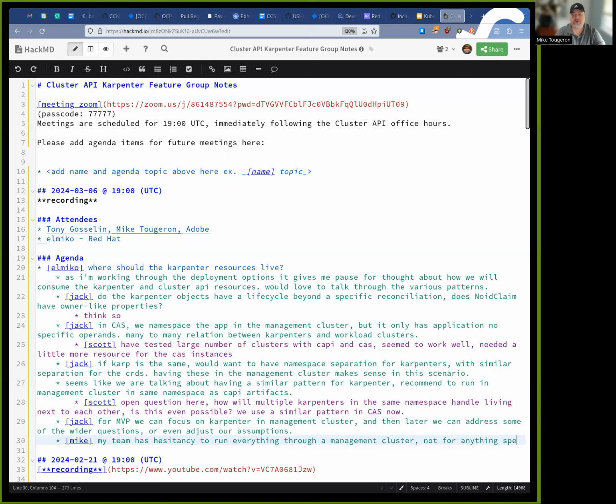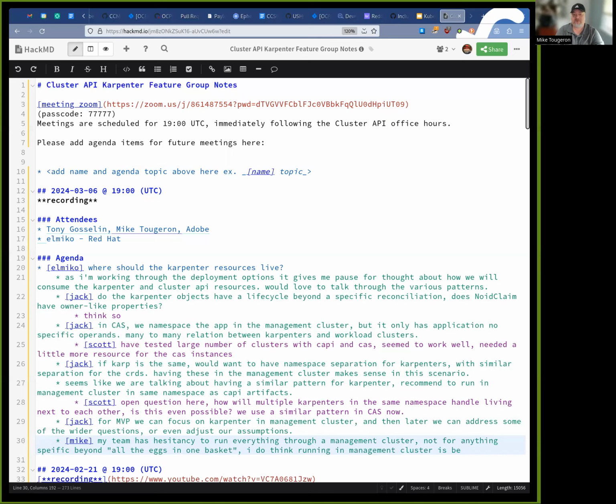But I've mentioned that before, so I just wanted to call out that I do think running it on the management cluster is a better approach to take, because it does kind of emulate that managed Karpenter feel that I know a lot of people have talked to me about wanting, instead of having to run Karpenter on every single cluster.